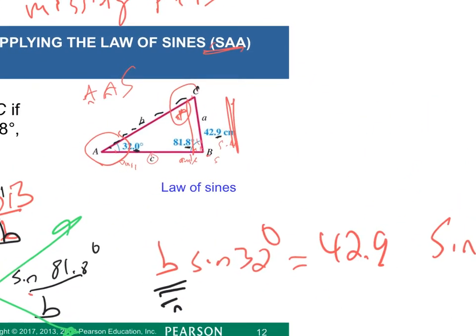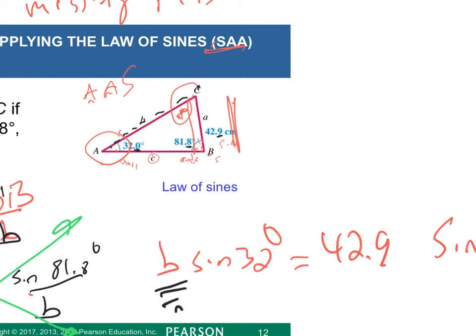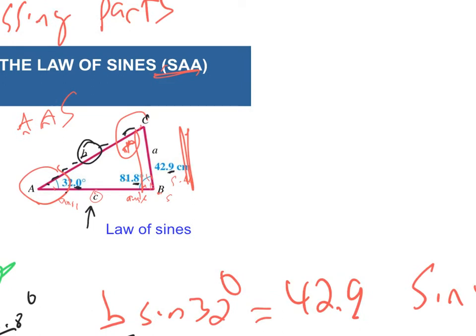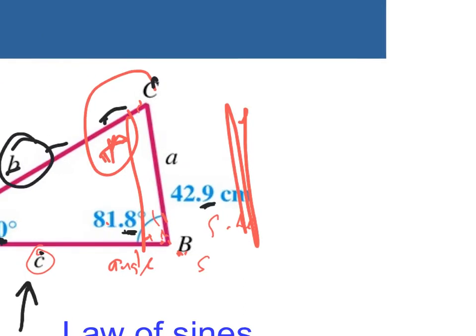Because we have B. So we had 2 angles, and I just got this side. What else am I missing? I'm missing side C. So watch this. I have angle C, do I not?